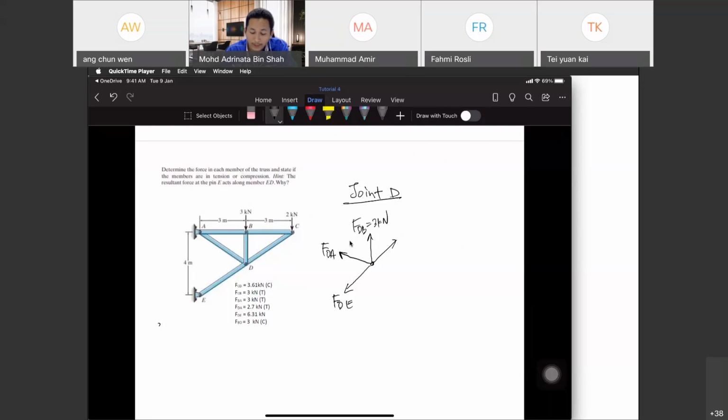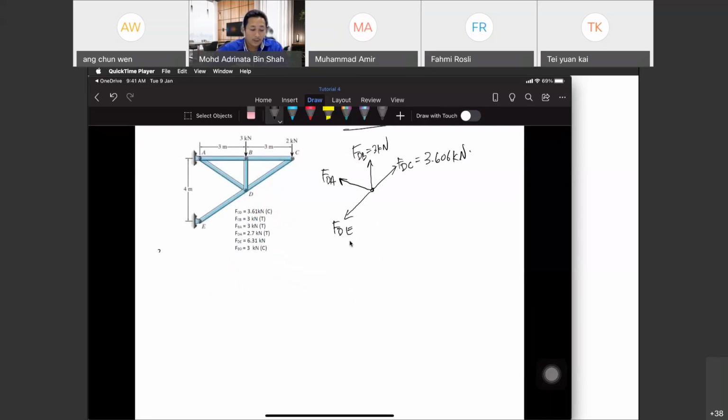Ni kita dah calculate, okay? FDB is calculated, and then FDC also calculated equals to 3.606 kilonewton. Okay, so from that we will calculate to x and y direction.